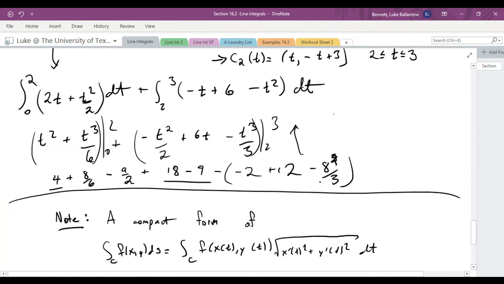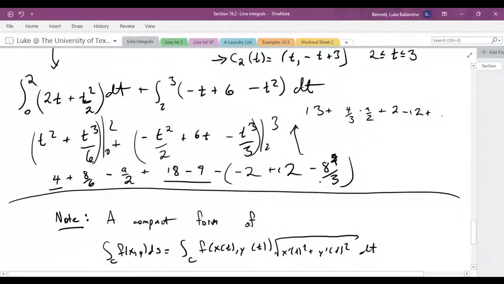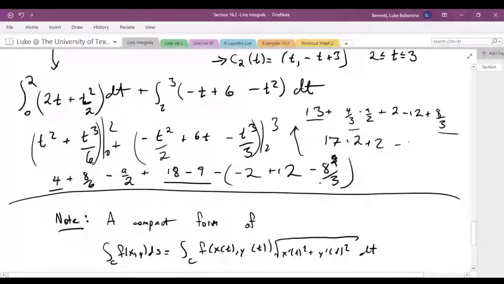So we have 13 plus, 4 over 3 minus 2, 9 over 2, plus 2 minus 12 plus 8 over 3. 8 over 3, 4 over 3, that's 12 over 3, which is 12 divided by 3 is 4. And 4 plus 13 is 17, minus 12 plus 2 minus 9 over 2.